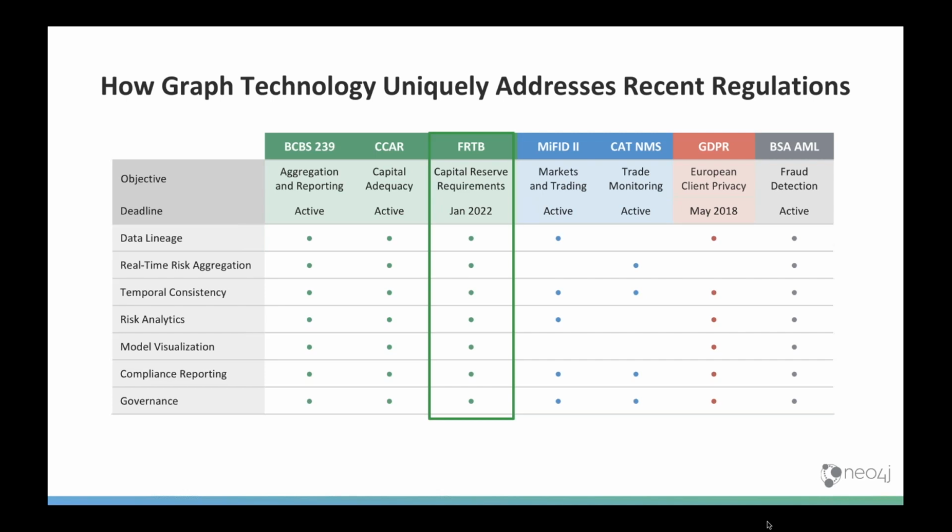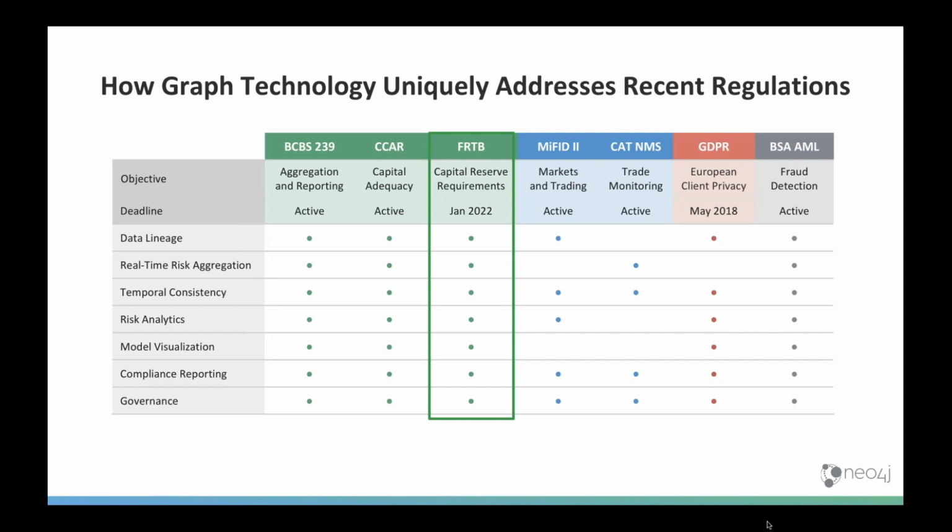So now this is something that is applicable across multiple different regulations. We talked about BCBS 239, FRTB, but also the capital adequacy ratio, the CCAR, MiFID and CAT NMS, which are more in the data transparency area, GDPR, which is more of privacy regulations, more prevalent in Europe.